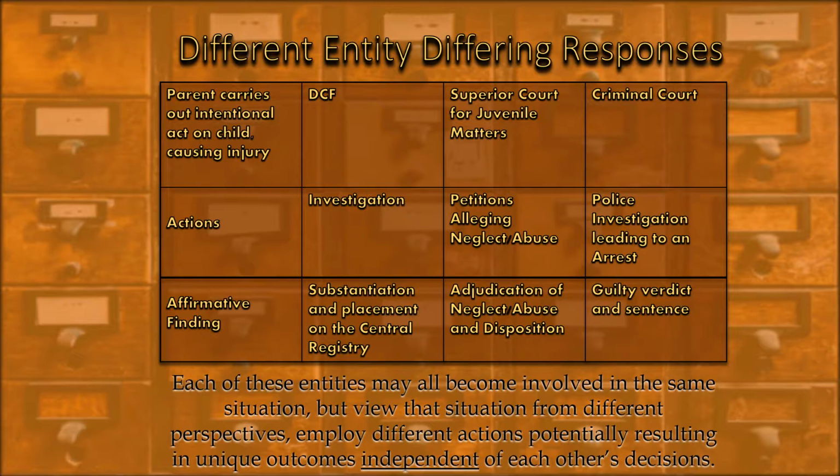A possible affirmative finding in juvenile court of a neglect petition is an adjudication of neglect and/or abuse and a disposition. If, in this case, a report was made to the police, the initial action would be a police investigation leading to an arrest. The criminal charges would be heard in criminal court with an affirmative finding being a guilty verdict and a sentence.